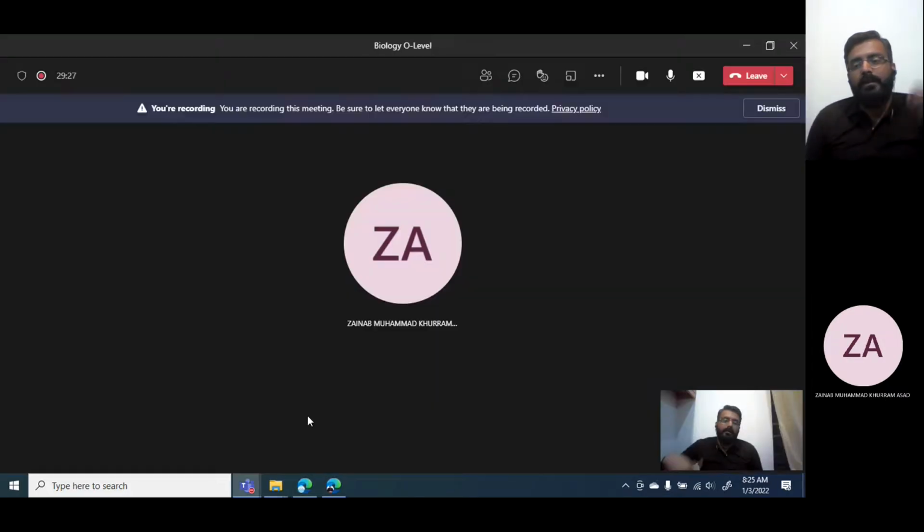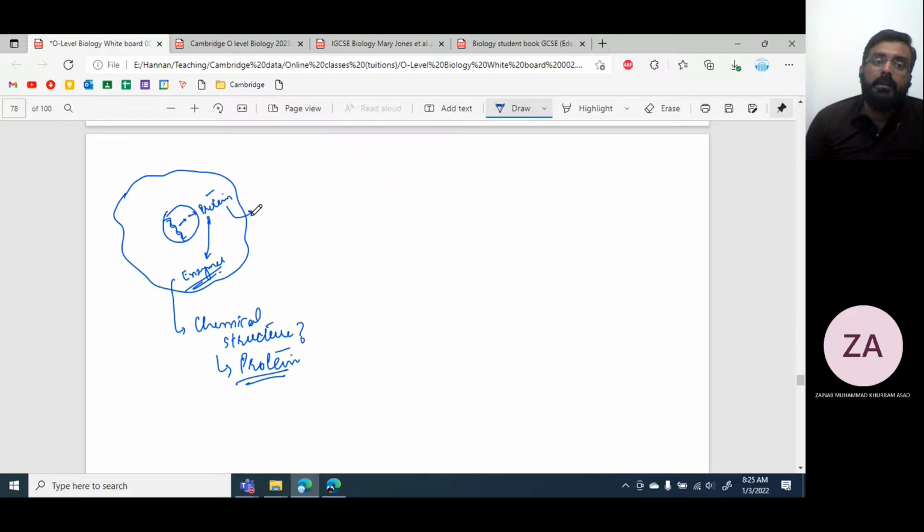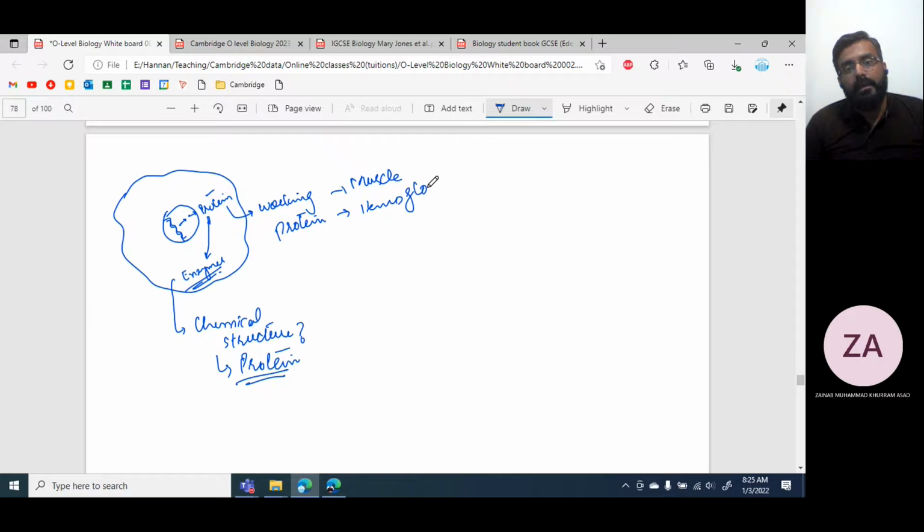Maybe we give it a different job, we tell it to make an enzyme, okay? Then it also can be converted into another working protein. For example, it can be converted into our muscular protein. It can be used to make our muscles, our hemoglobin, any structure of protein in our body.